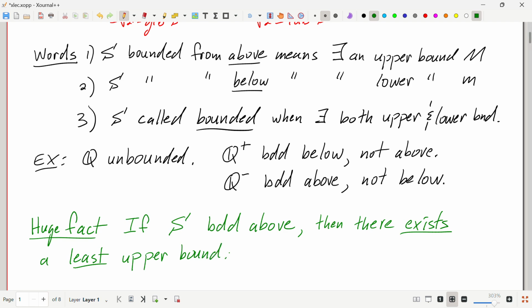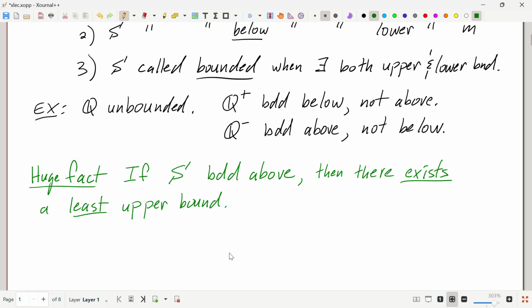There'd be a similar statement for the greatest lower bound. If a set's bounded from below, then of course there's a greatest lower bound. Same thing. You can always flip them upside down and see one from the other, just by taking minus the set in place of the set. So I won't write that down, but it's equivalent to this thing. So it's a huge philosophical fact. And in fact, calculus is 100% dependent on this fact.